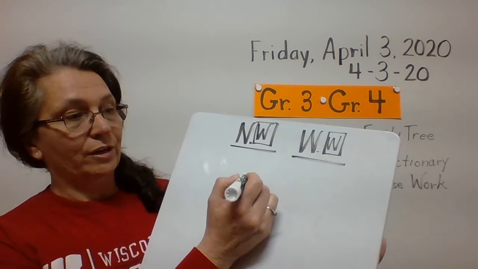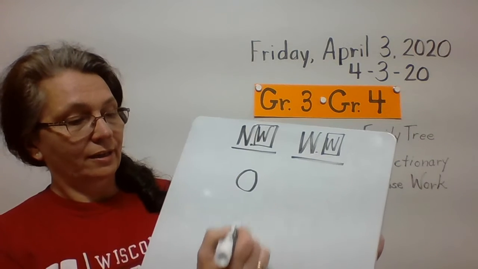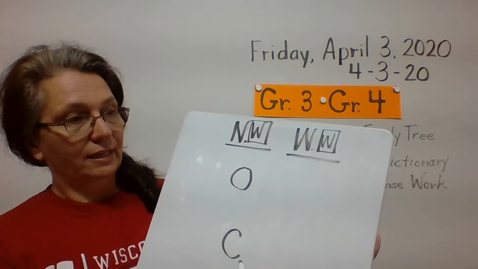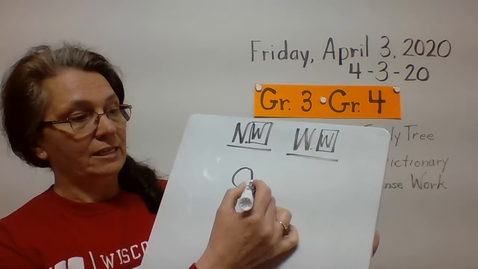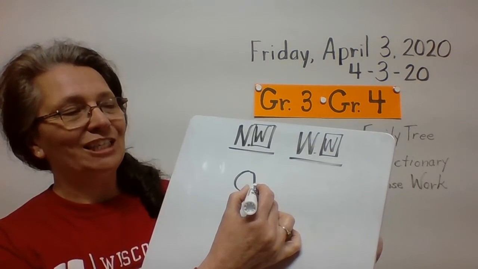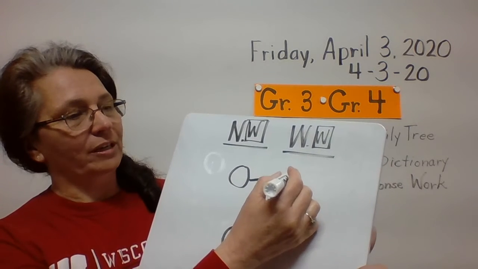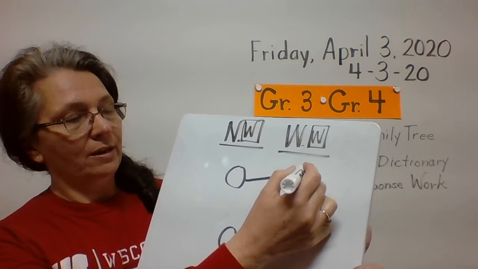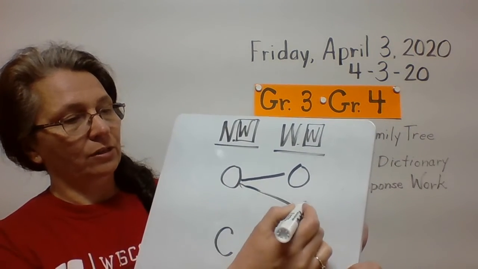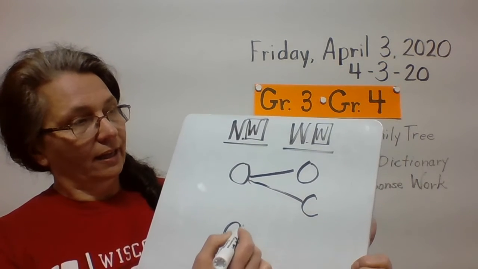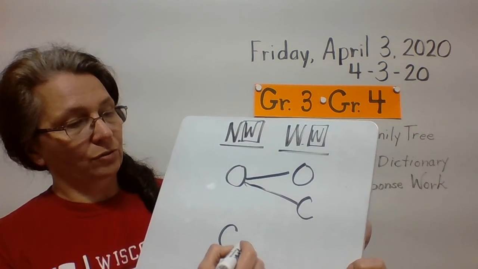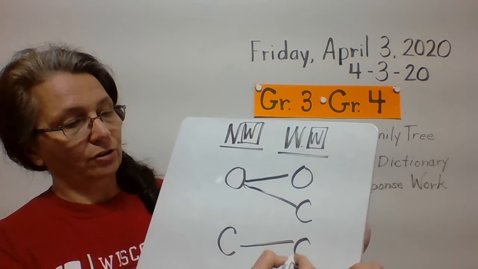The north window can either be open or closed. And if you're going to do this as a tree diagram, easy for me to say, huh? The next 2 choices, the west could be open or the west could be closed. If the north window is closed, the west window could also be open.